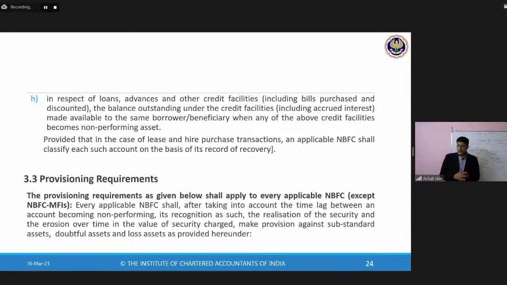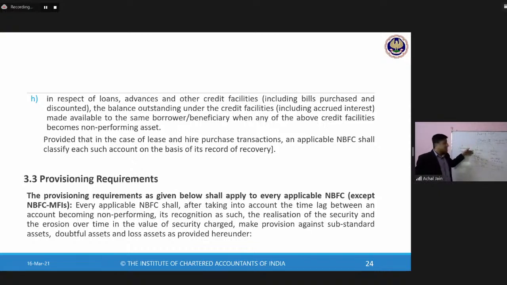So for the first 6 types of assets, under the first 6 points, we looked at 6 types of assets. If in respect of those 6 types of assets, the interest or the payment remains overdue for 6 months or more, then the asset will be categorized as NPA, and which will then become substandard or doubtful or lost.